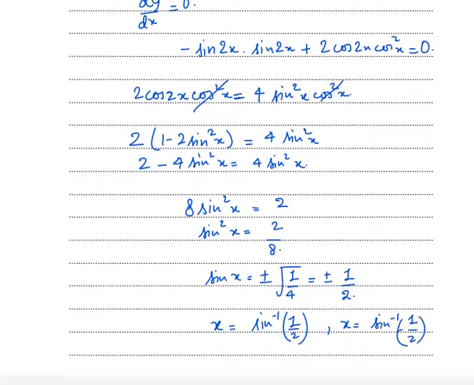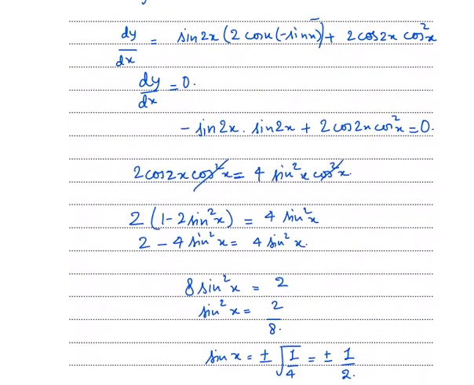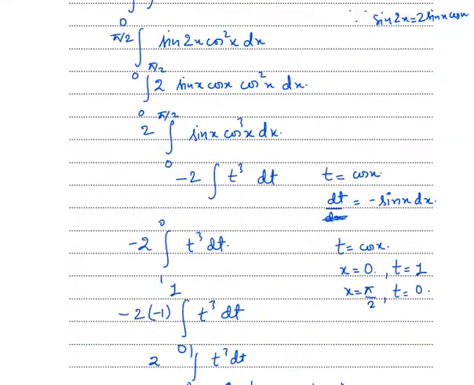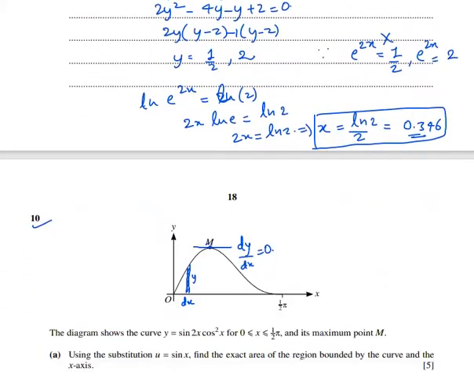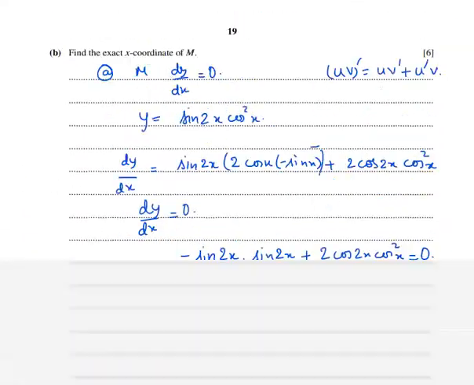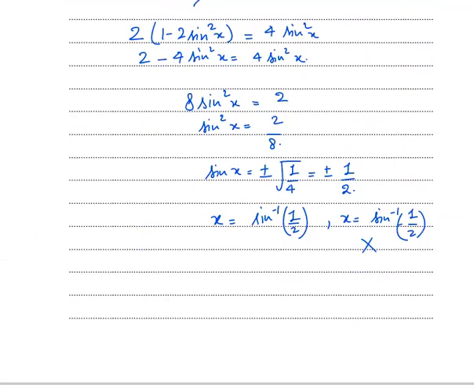Clearly minus 1 by 2 will be ruled out because x is in the first quadrant, so x is positive. You can see here x is in the first quadrant, so we can rule this out. Sine inverse of 1 by 2 is nothing but 30 degrees, which is pi by 6. So pi by 6 is the correct answer.